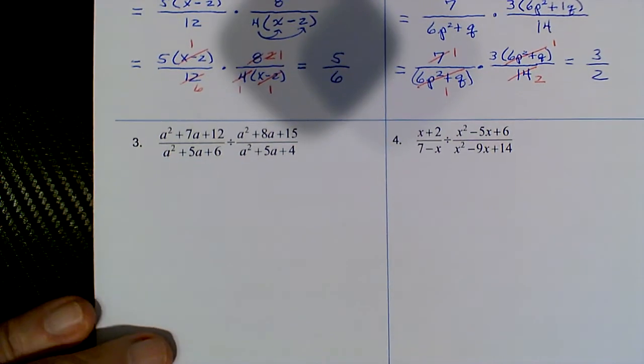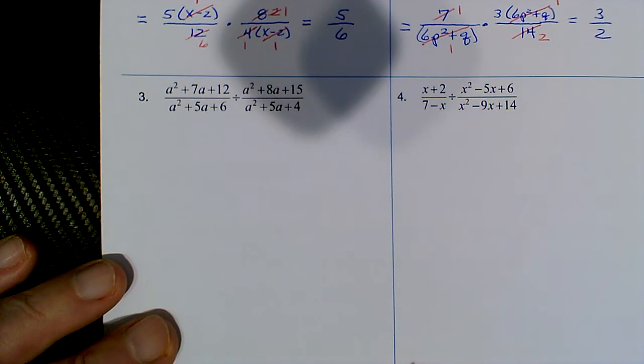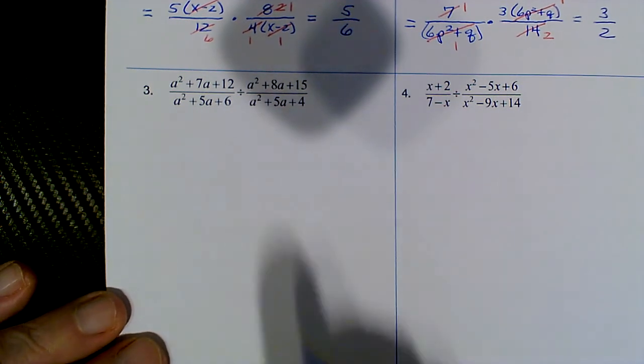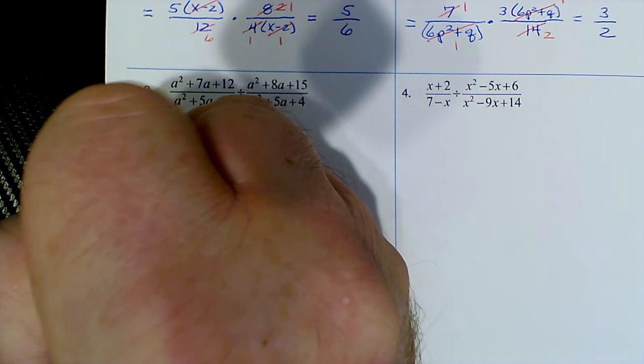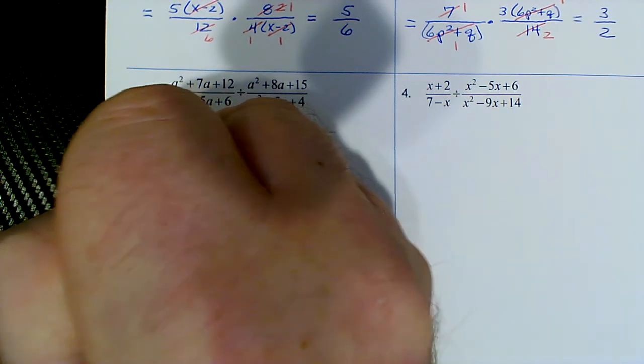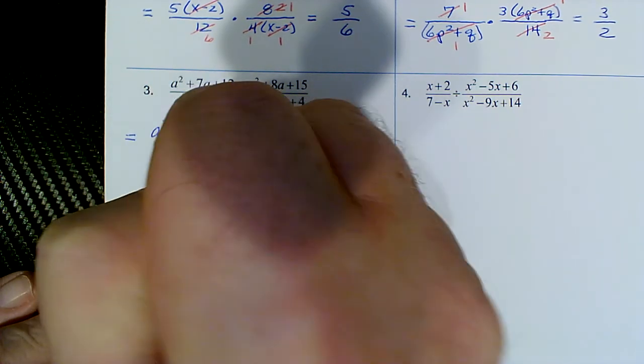Okay, so a couple more, and again, there's just more factorizations, right? But the first thing we have to do might seem almost like busy work, but you've got to do it. Just make sure you recopy everything correctly here.